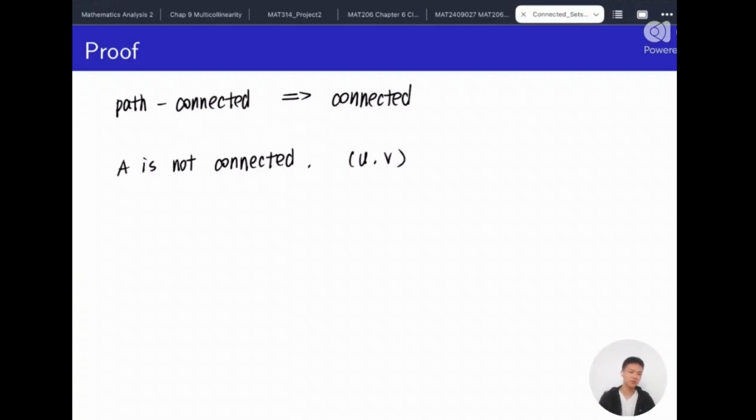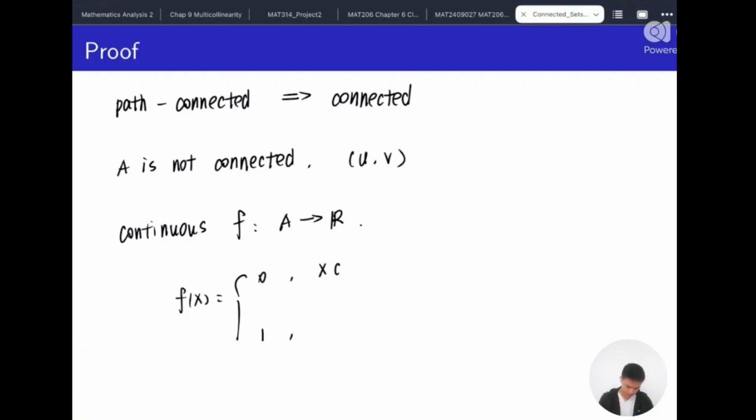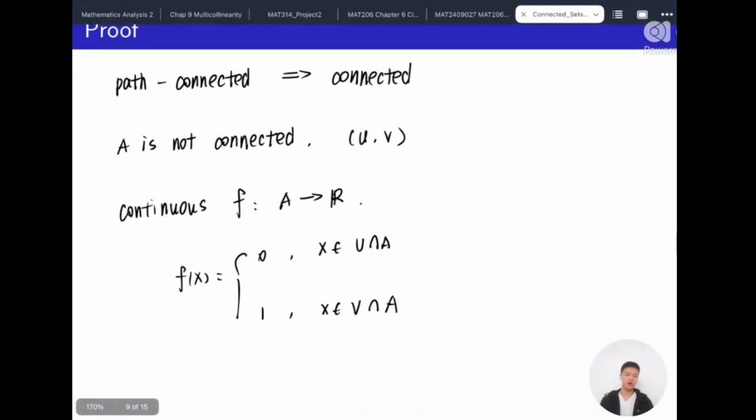So here is a theorem that says we can define a continuous function f from A to R. We can define the continuous function f.